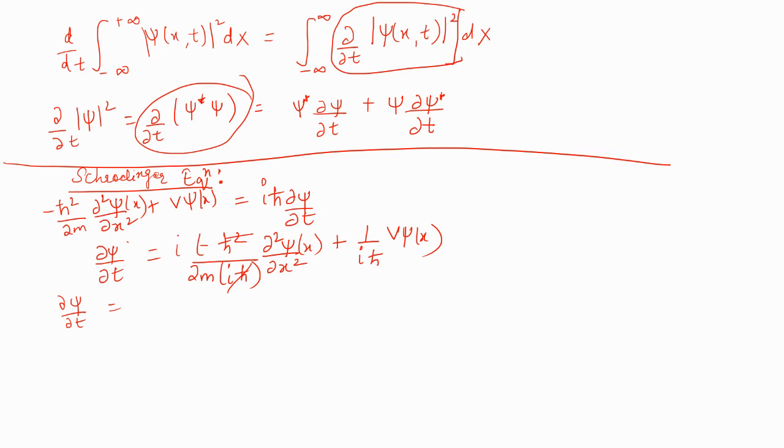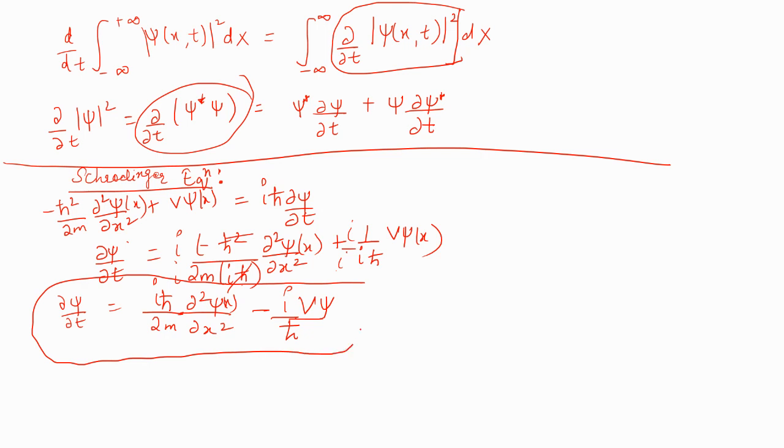Multiplying numerator and denominator by i, i square is minus 1, so minus minus cancels and we get i h cross upon 2m d2 psi by dx square, plus again multiplying by i, i upon i square gives minus i upon h cross V psi. Right?